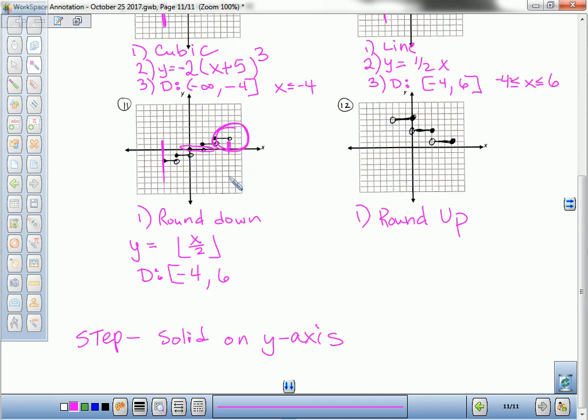That's right. We can't use a bracket, we have to use the parenthesis. So with step functions, one end's going to be a bracket and the other end will be a parenthesis. Okay, so how would we write this one as an inequality? It would go less than or equal to here, but then just less than here.